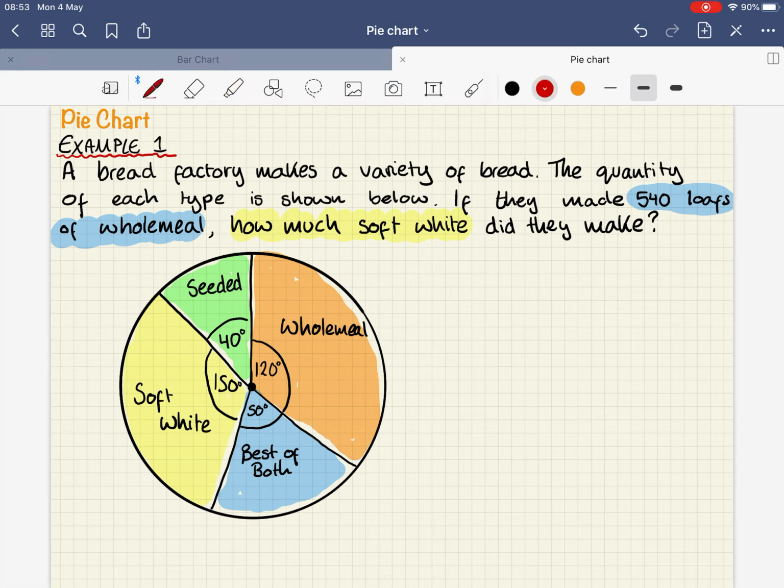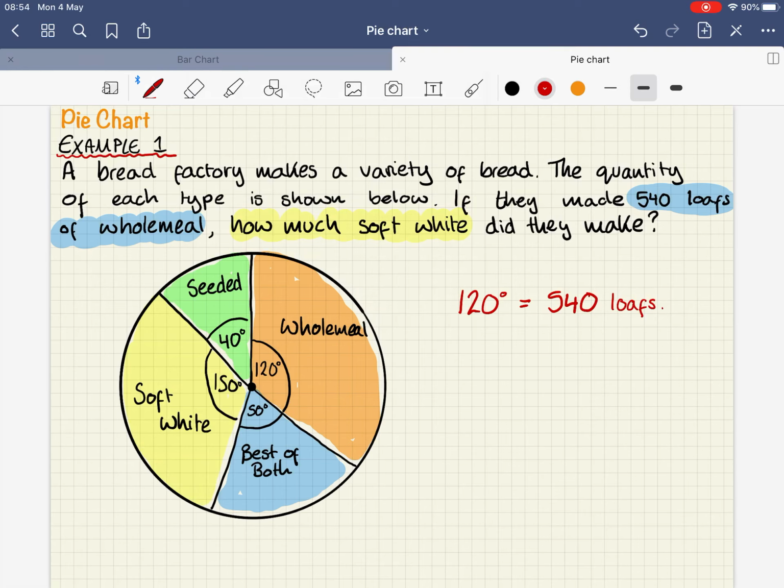So looking at our wholemeal section, the angle there is 120 degrees. So that means 120 degrees in this question is equal to 540 loaves.